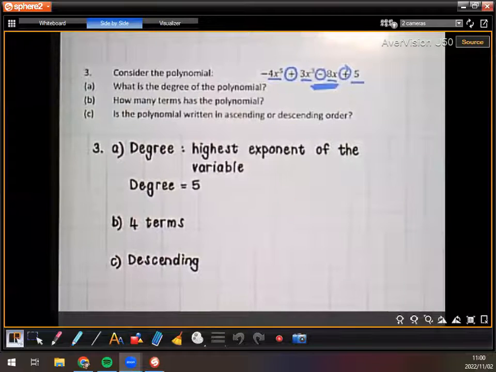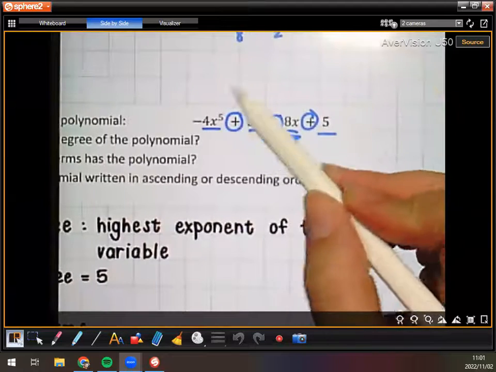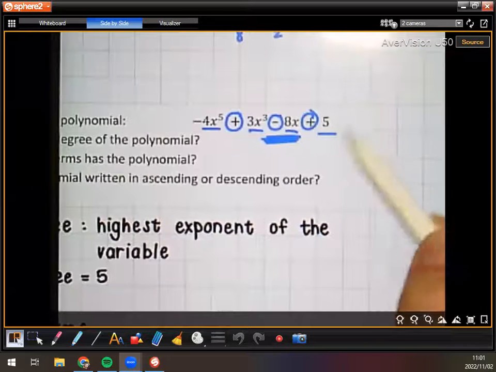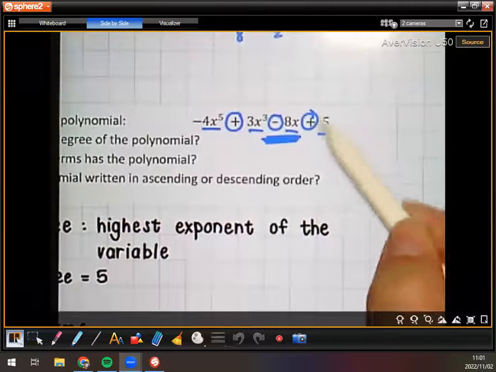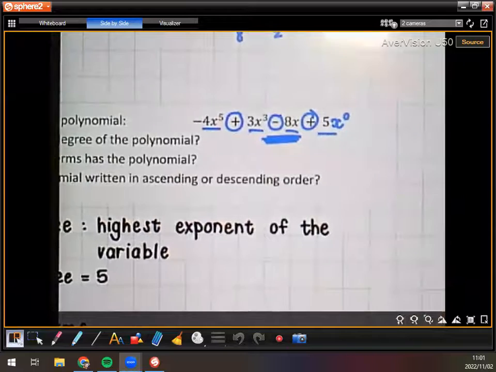Alright guys, is the polynomial written in ascending or descending order? Now for that, you look again at the exponent of the variable, right? Let's look at the order in which these terms are written. We have 5, then we have 3, then we have 1. And what is the exponent here of x? 0 actually, hey? So you don't have to add this, but we could say that that's actually what that term is.